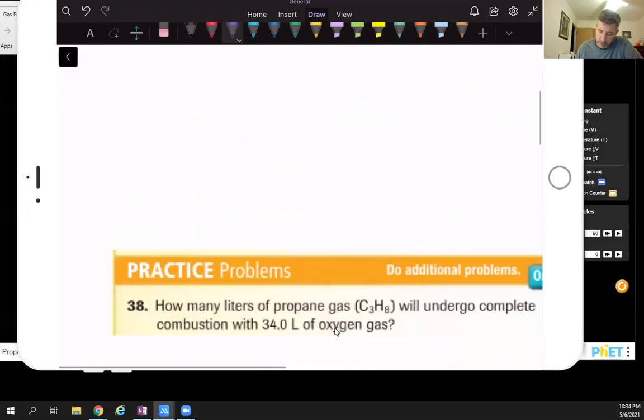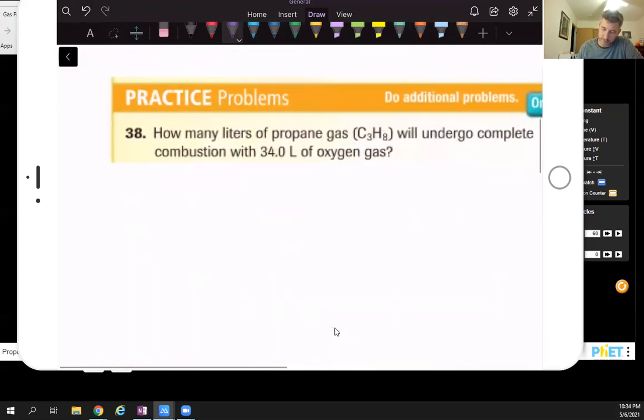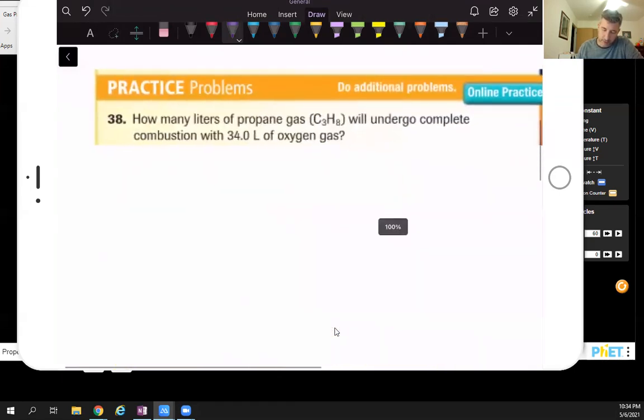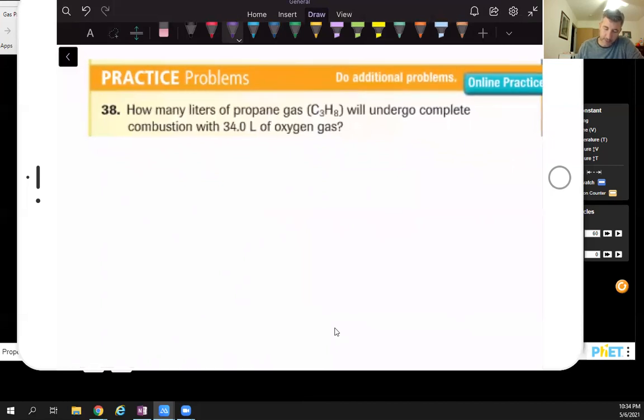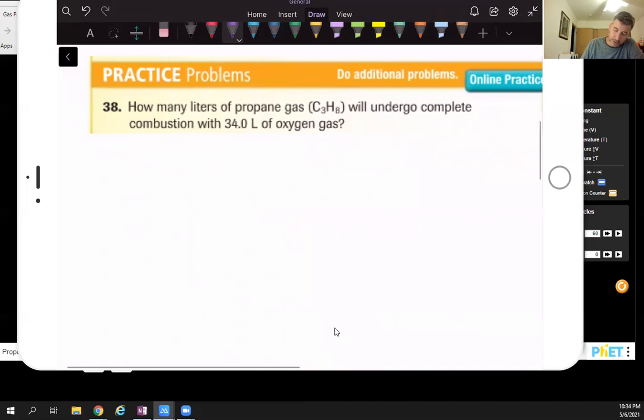So let's take a look at one of the problems that you were supposed to have attempted on the homework. This was number 38. How many liters of propane gas will undergo complete combustion with 34 liters of oxygen gas? So first of all, you need a balanced equation, and this was actually given to you in the text, but I'll go ahead and rewrite it here.